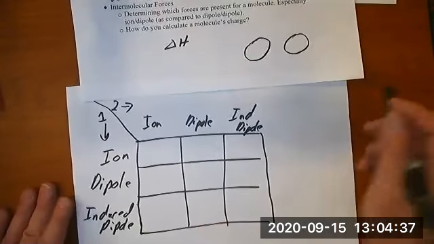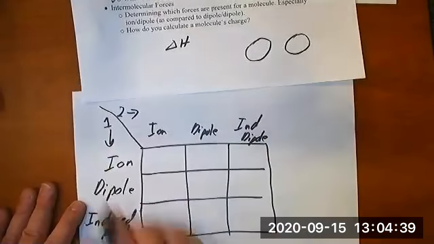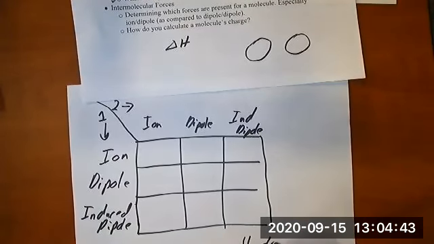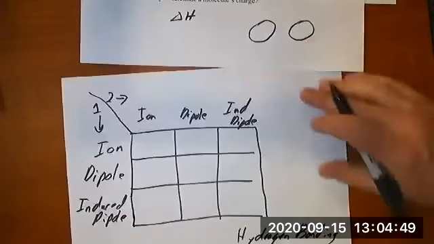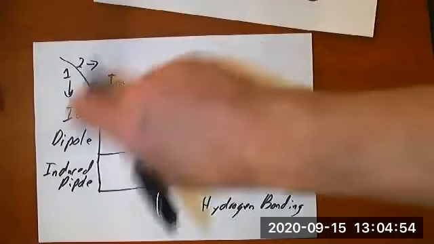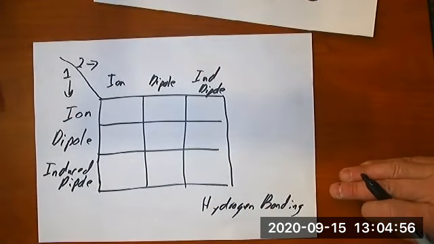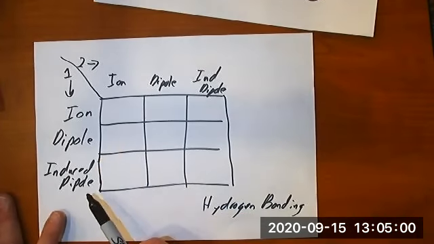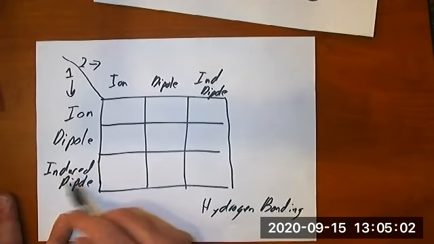So the one thing that is not captured in this chart is hydrogen bonding, which is just the special case you have to remember to add in addition to this. Okay. Now, how do you know if a molecule has induced dipoles?